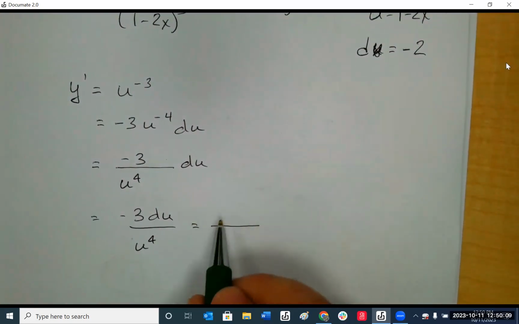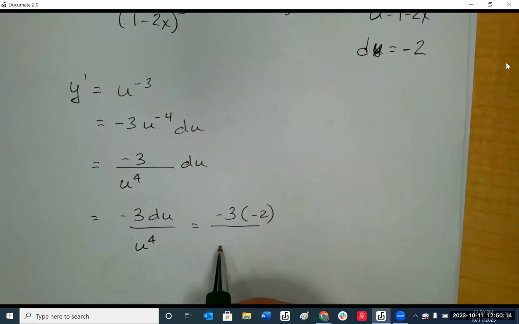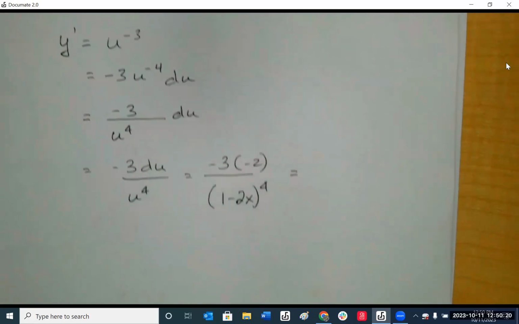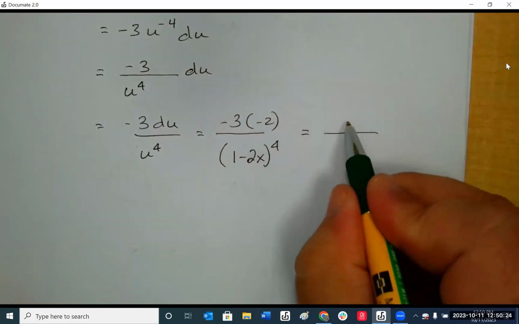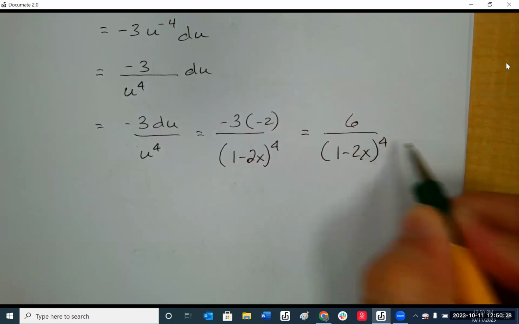What is du? -2. So it's over 1 minus 2x to the 4th. Negative times negative is positive, 6 over 1 minus 2x to the 4th.